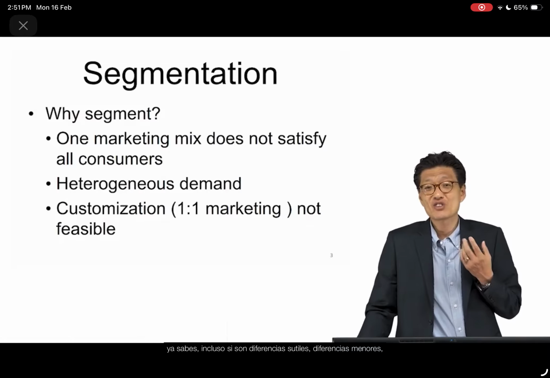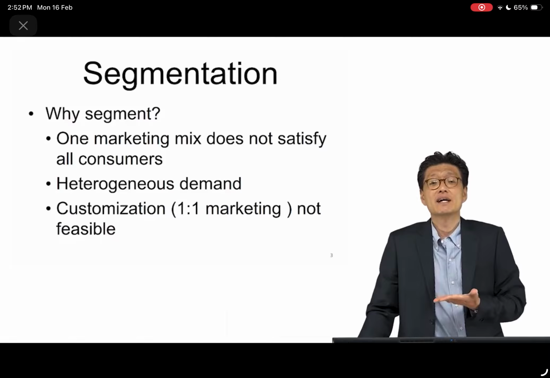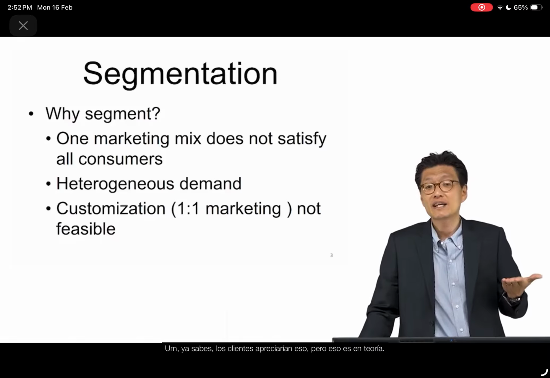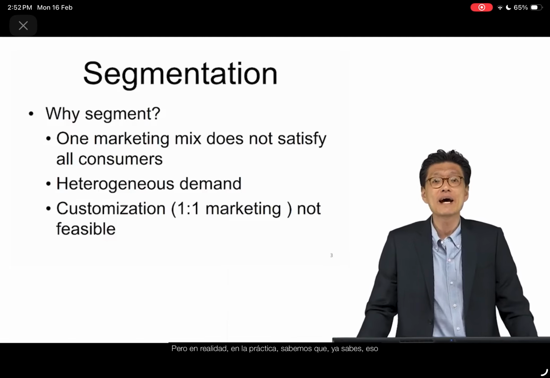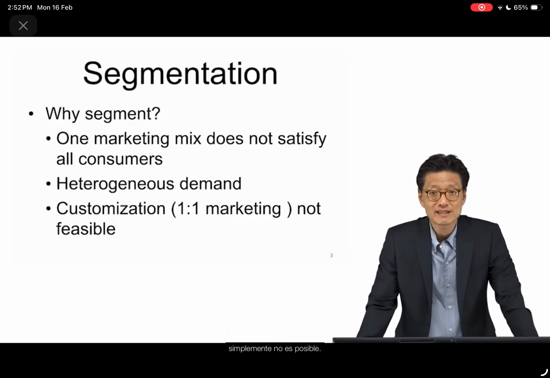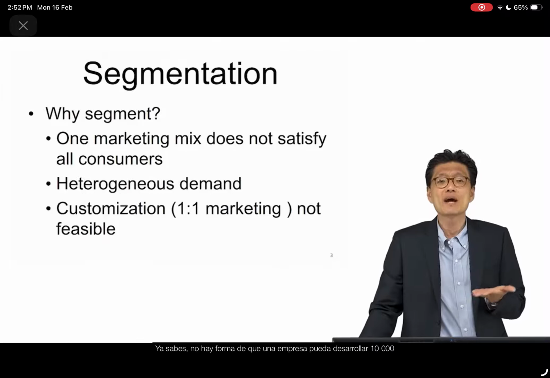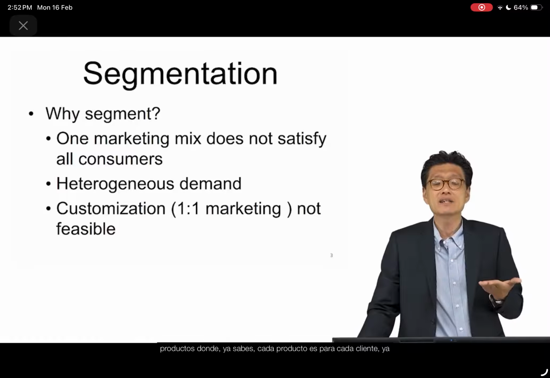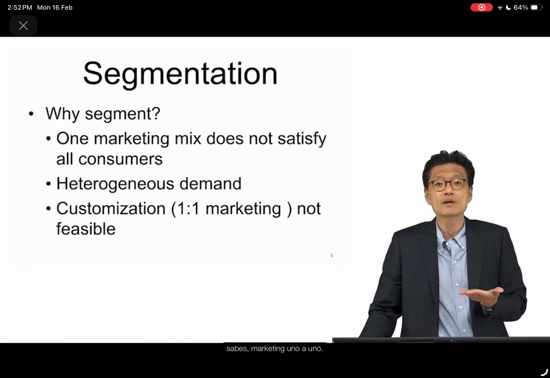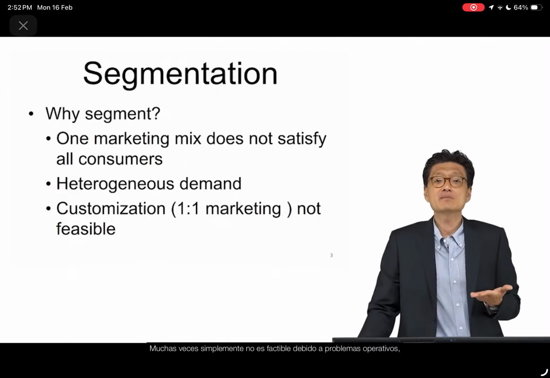Even if there are subtle, minor differences, because we're all different, customers would appreciate that. But that's in theory. In reality, in practicality, that's just not possible. That's not feasible. Why? Because it's too expensive. There's no way that a company can develop 10,000 products where every product is for every customer. One-to-one marketing, a lot of the time, is just not feasible because of operational issues, resource issues, and cost issues.